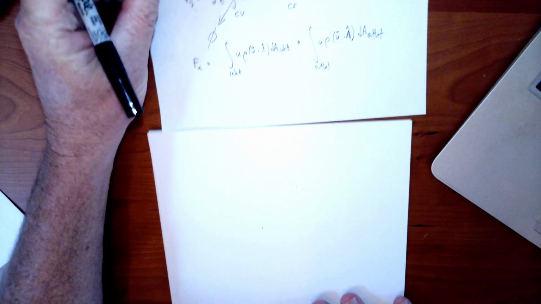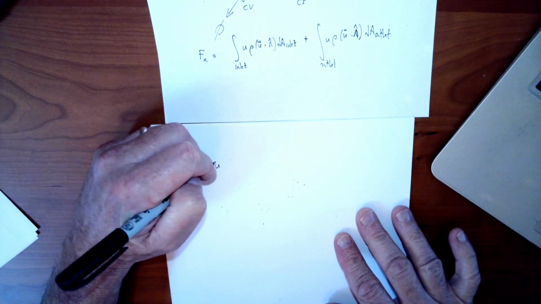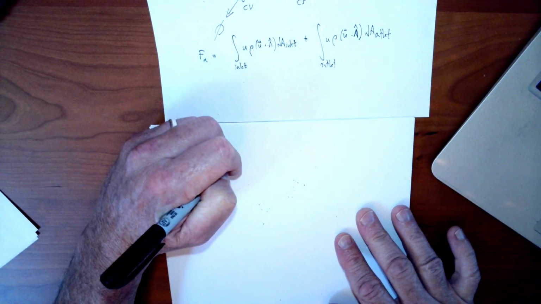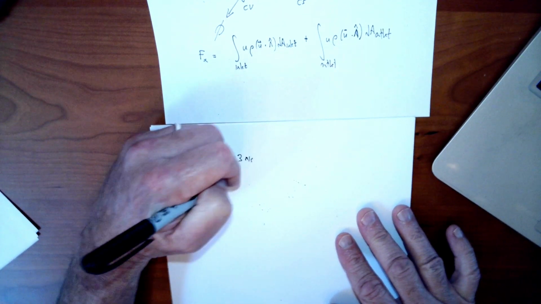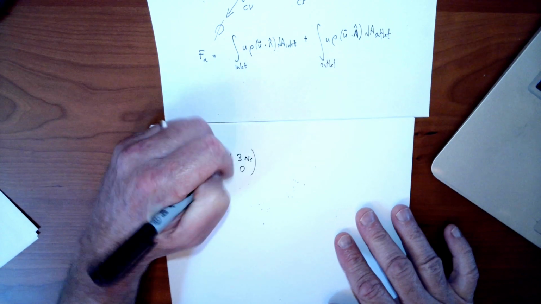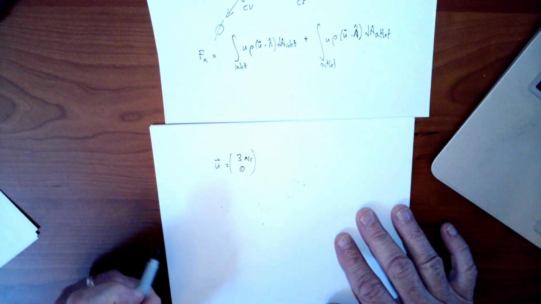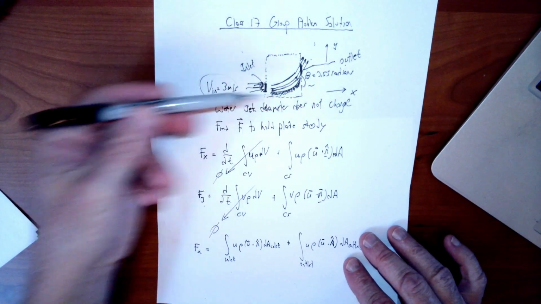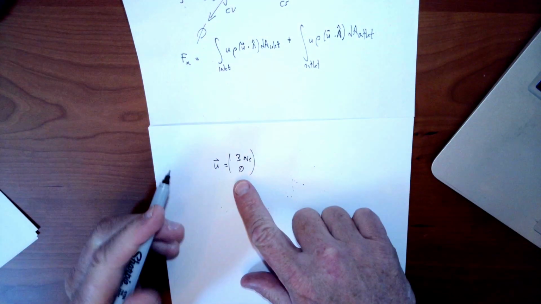So my velocity is actually a 2D problem. So my u vector is 3 meters per second in the x direction and 0 meters per second in the y direction, right? Because there's no y velocity at the inlet. The fluid is traveling purely in the x direction. So I don't have any y velocity. So that's my u vector.